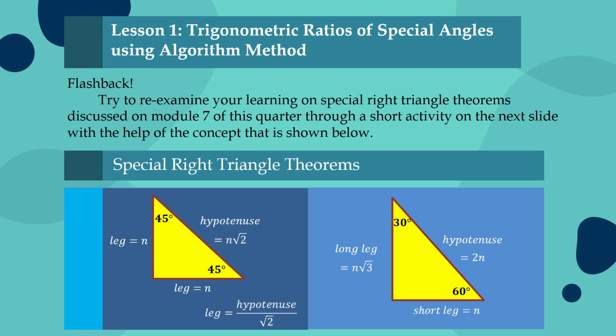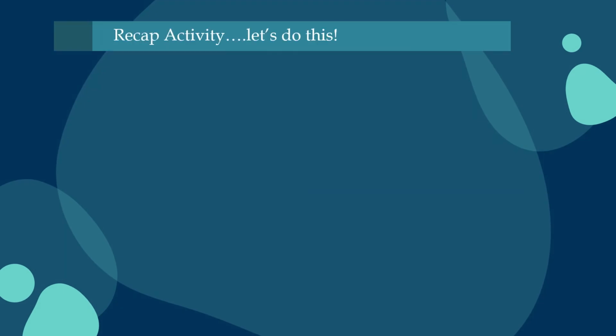So remember the two special right triangle theorems. We will make use of these theorems in determining our next topic for this video lesson. Okay, so we have a short recap of the two theorems.